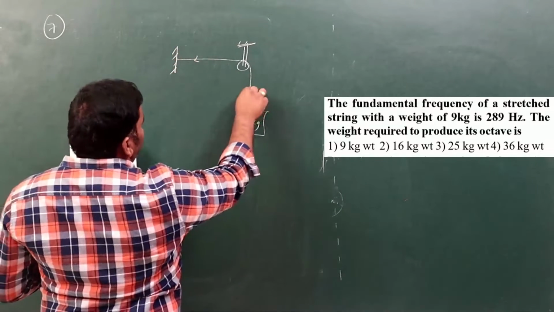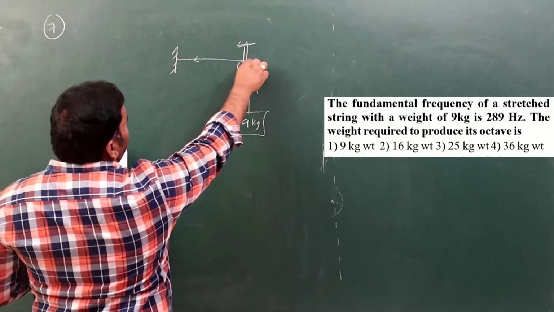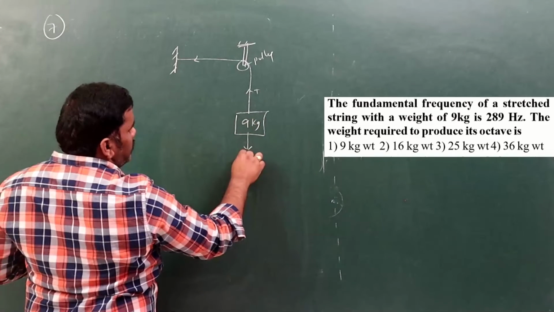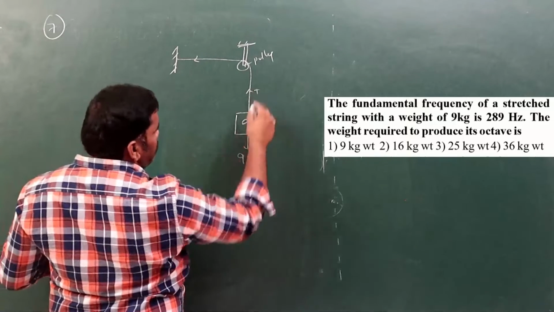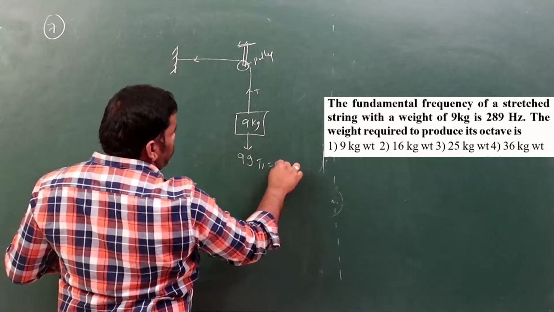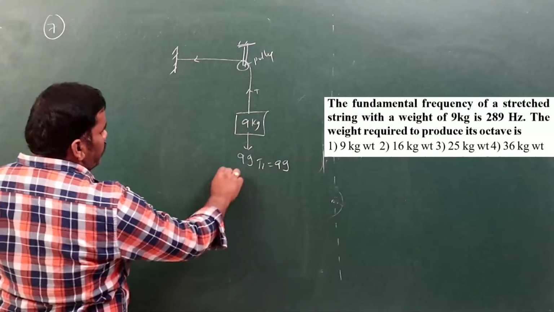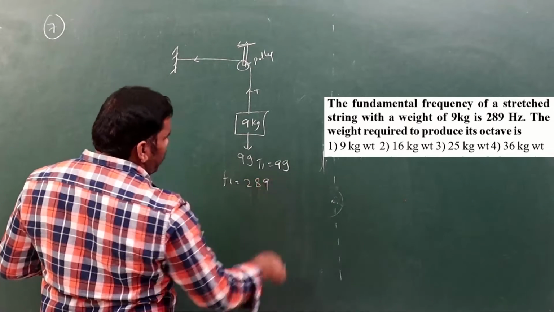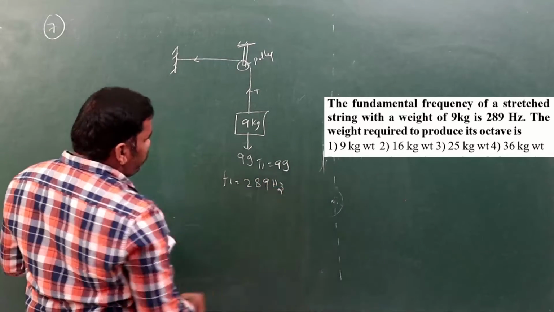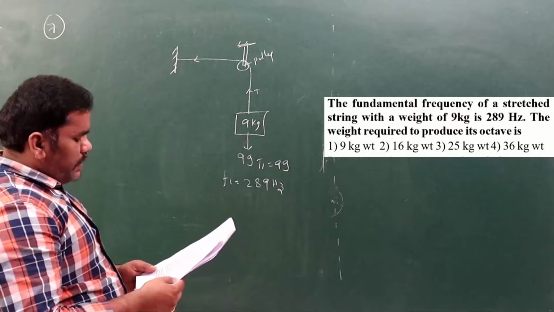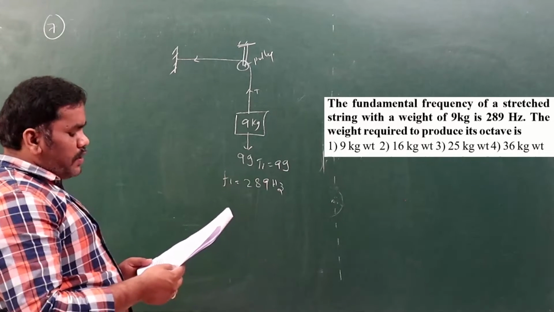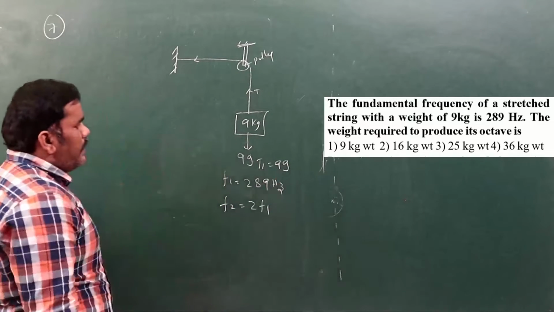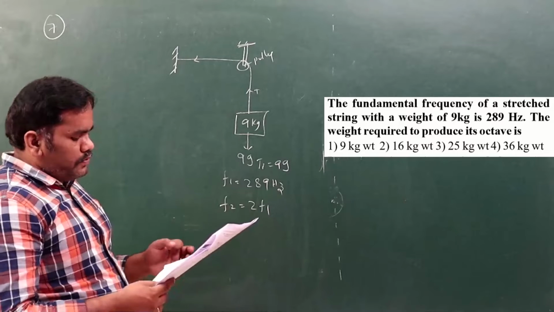One end is a rigid support, and the wire passes over a pulley like this. So weight is nothing but tension, 9g is equal to T1. At that time F1 is 289 hertz. For the octave, frequency F2 is equal to 2 times F1.